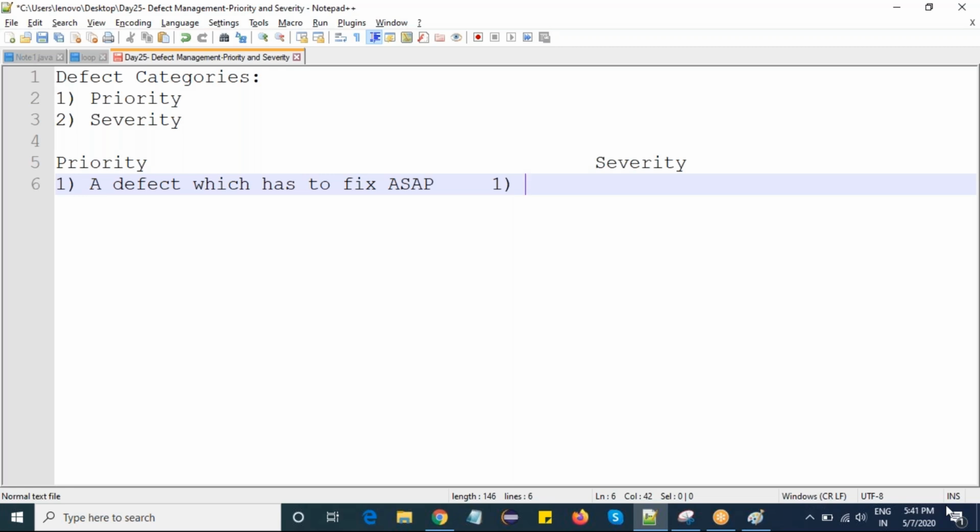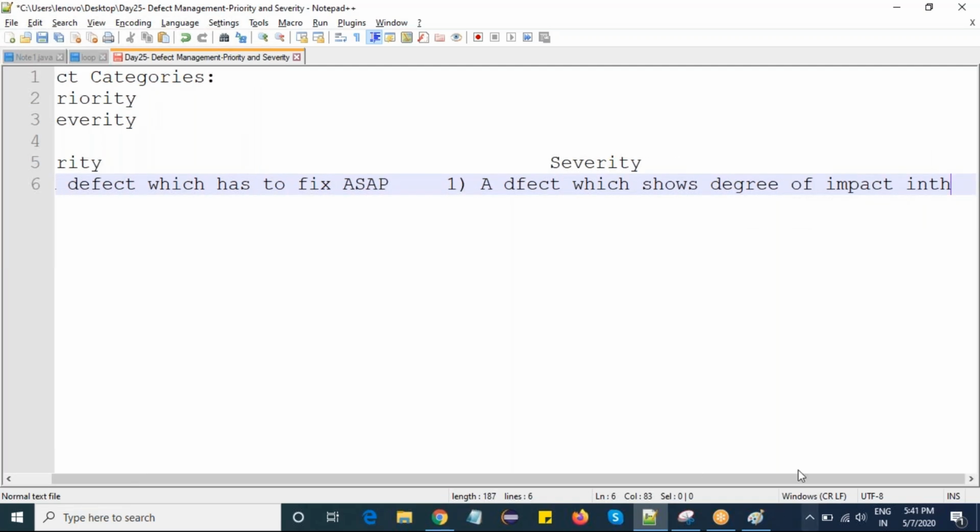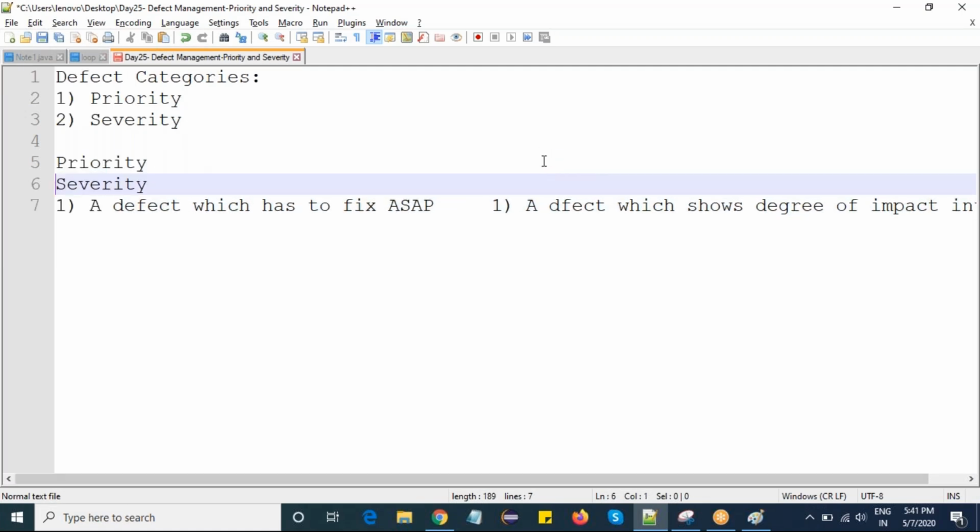Same like a defect which shows the problem in the system, which shows the degree of impact in the system.